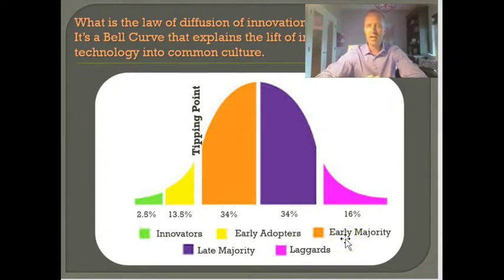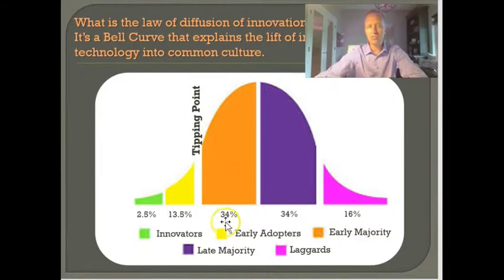When it crosses that tipping point, the technology rarely can be slowed down. It's going to continue to diffuse very predictably through the late majority, until really it's only the laggards who remain, at 16% of the consumer population.